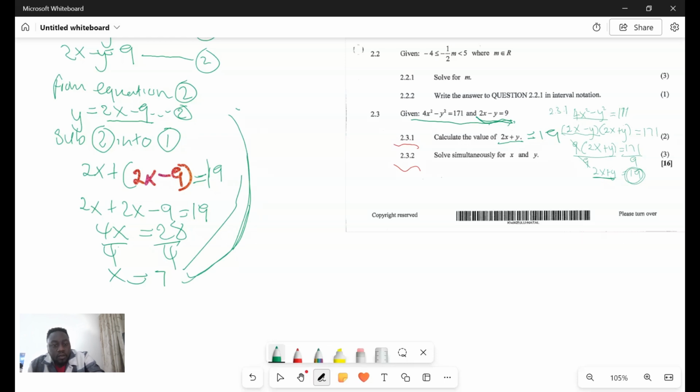So I'll have y equals to 2, where there's this x, I'll place a 7 minus 9. So now it's 14 minus 9. So 14 minus 9, how much do I get? I'm sure you get a 5, right? 14 minus 9, you just get 5. And then that's it.